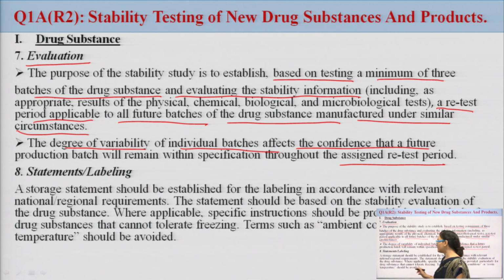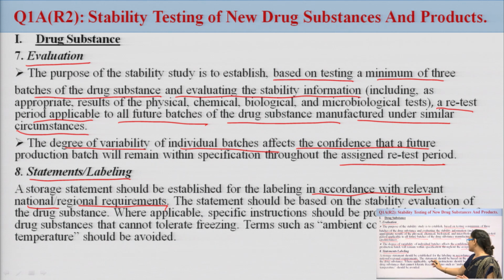Next is statement and labeling. A storage statement should be established for the labeling in accordance with relevant national regional requirement. The statement should be based on the stability evaluation of the drug substances.